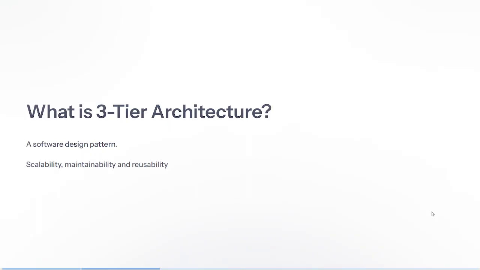By doing this, it will be easy to develop the program, easy to maintain, and it will increase reusability of the code and so on. So it's all about scalability, maintainability, and reusability. And as you know, these terms are so important in software development.